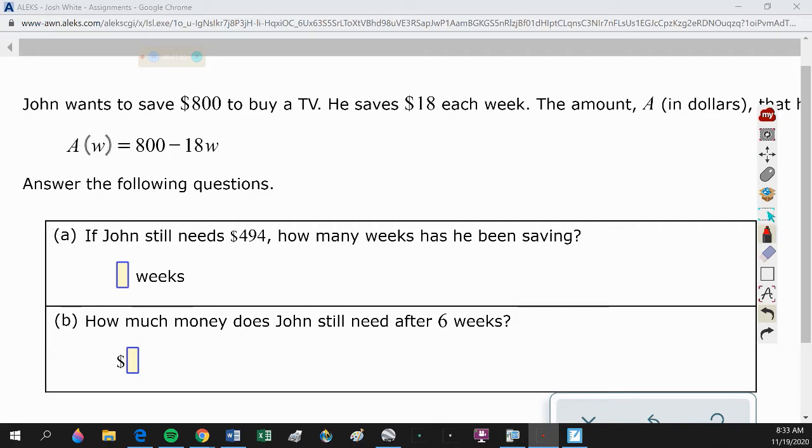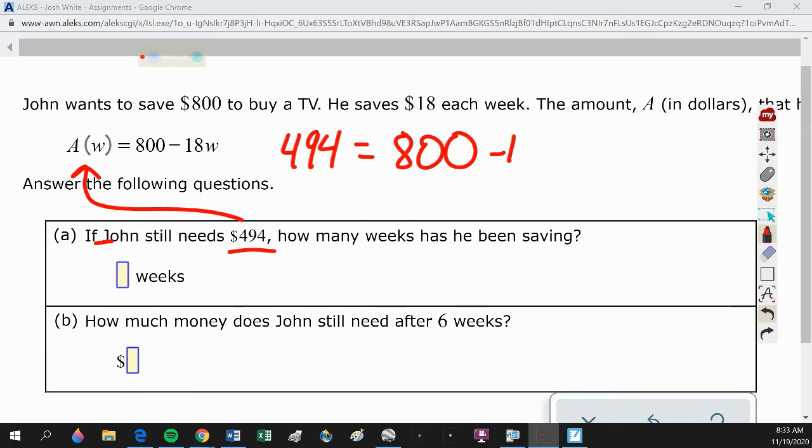Okay? So if John still needs $494, how many weeks has he been saving? What do we do with that? Where do we plug that in? We plug it in for A of W. So 494 equals 800 minus 18W.